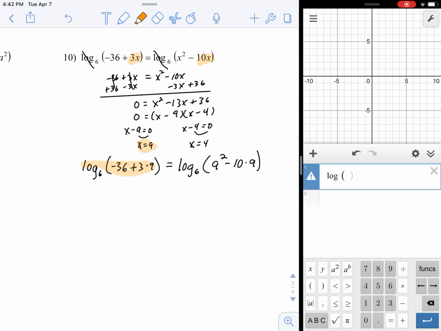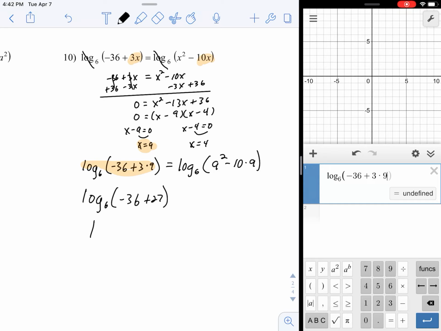The base is 6, and I want to do -36 plus 3 times 9. And that says undefined. As it turns out, if you weren't using a calculator, you have -36 plus 27, log base 6 of -9.